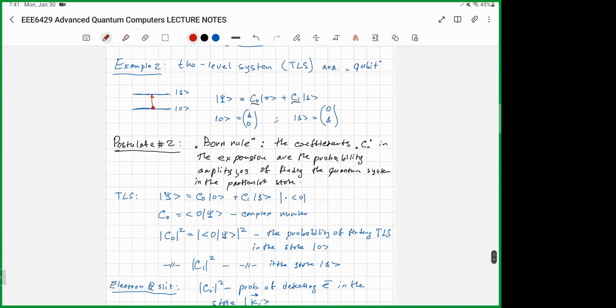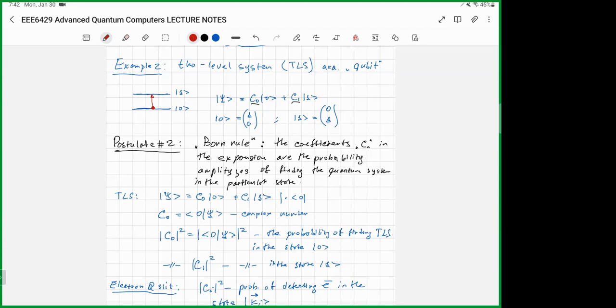Then we say that the things that we measure in the lab are represented by Hermitian operators. And we recall two important properties of a Hermitian operator. The first one is that a Hermitian operator has real-valued eigenvalues.